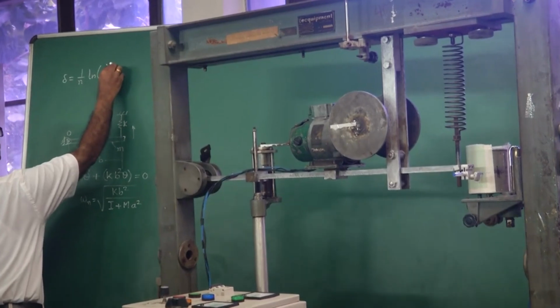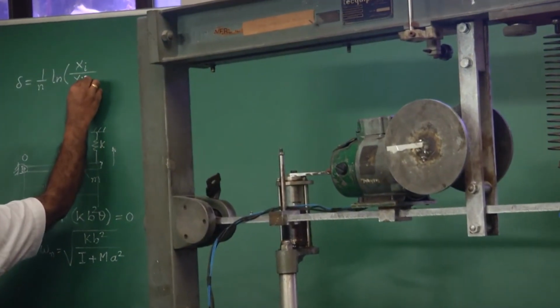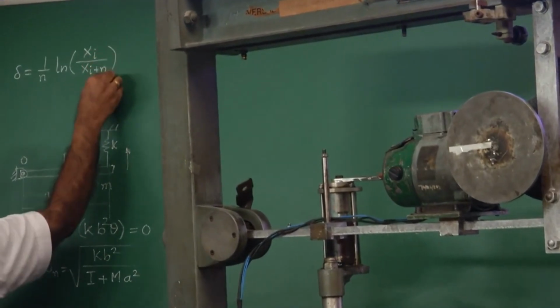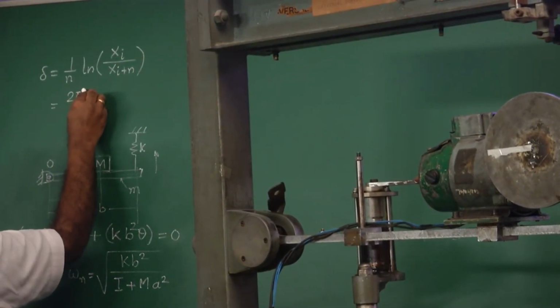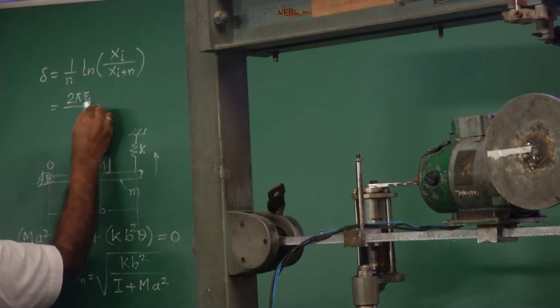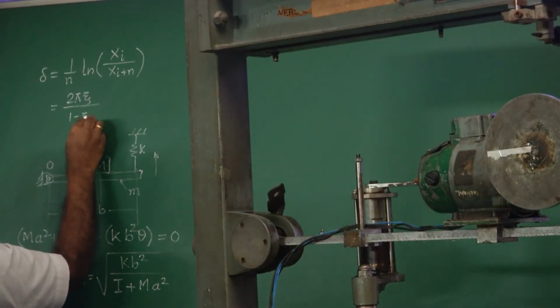Okay. So, either you take the ith cycle with respect to the (i plus n)th cycle, and this itself we all know is given by 2 pi zeta over square root of 1 minus zeta square.